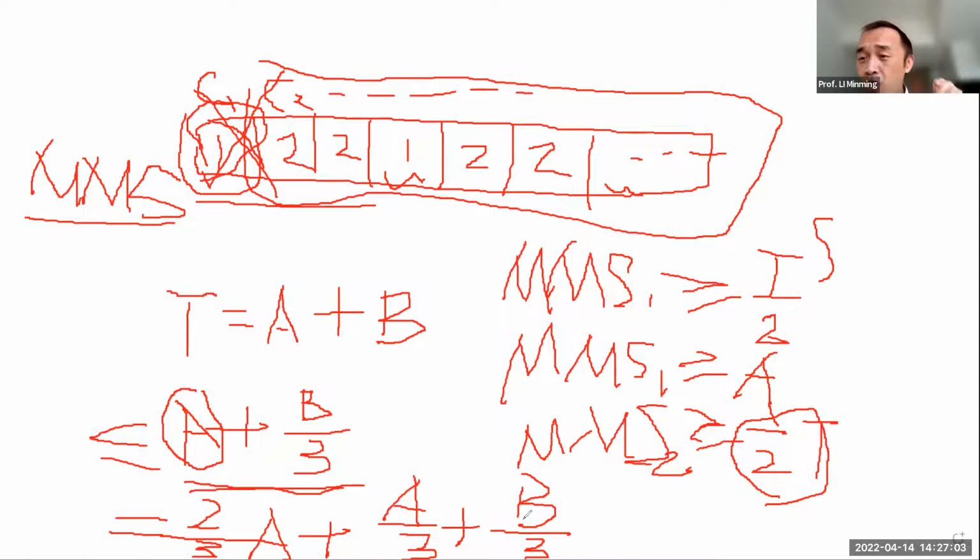Now you can use the bound because A plus B is T. So the first part is at most 2/3 of MMS1, and the second one is also at most 2/3 of MMS1. Add them together and it becomes 4/3.